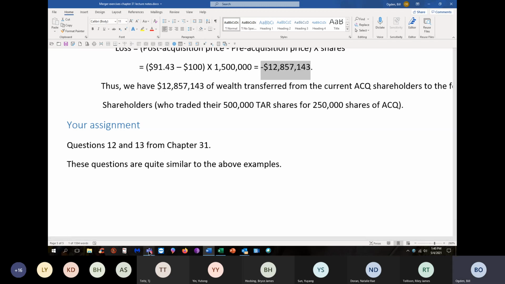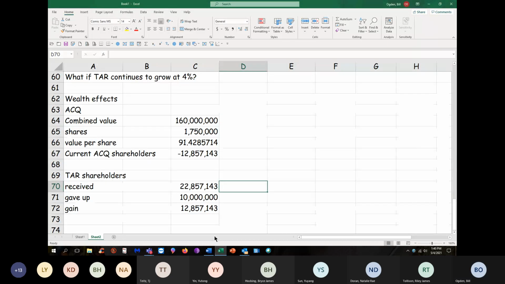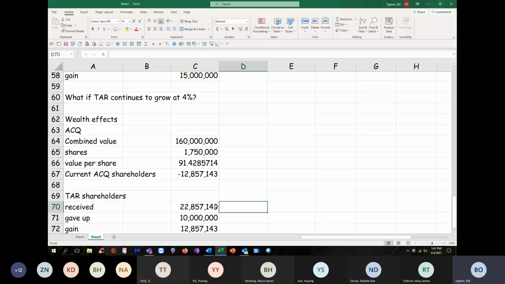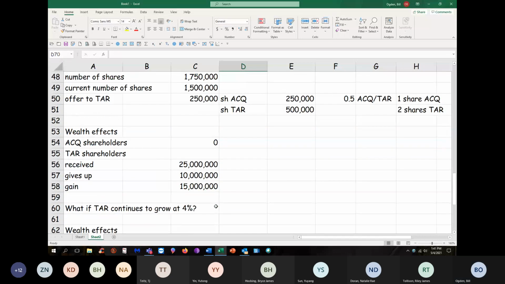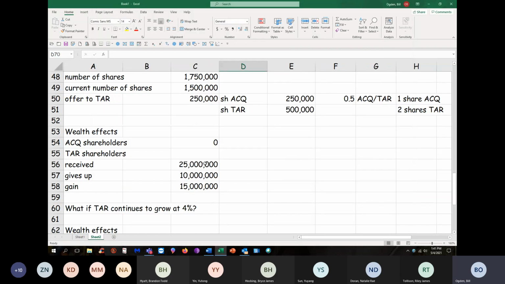I'll check in here real quick and ask, did I answer this? Let's go back to that if I can. Okay, I did see 29. Was the cell C50 offered to TAR? Cell C50.